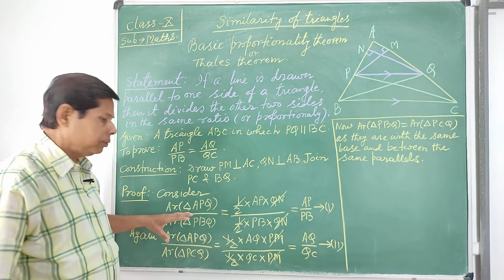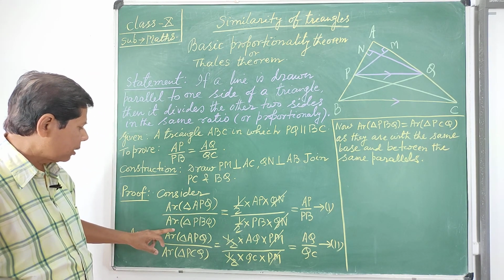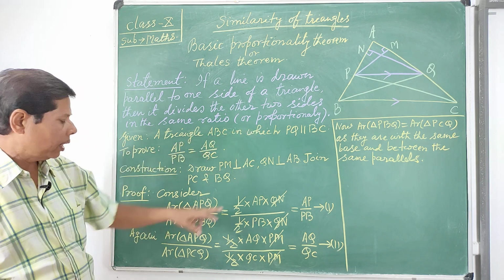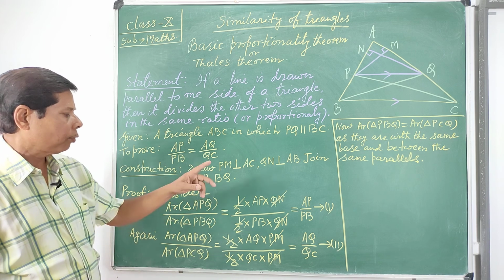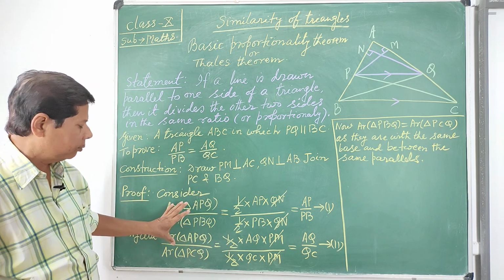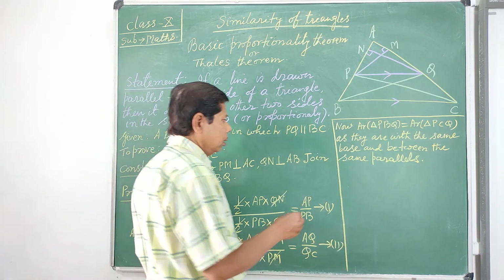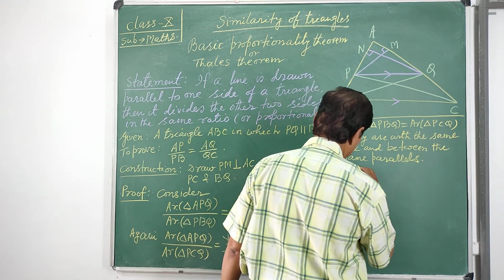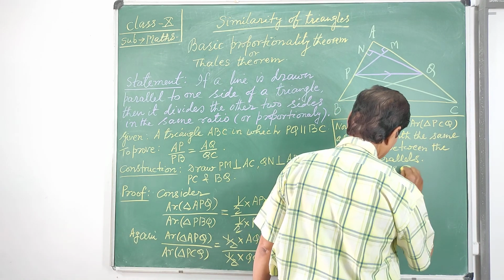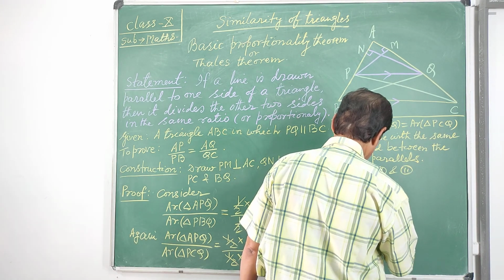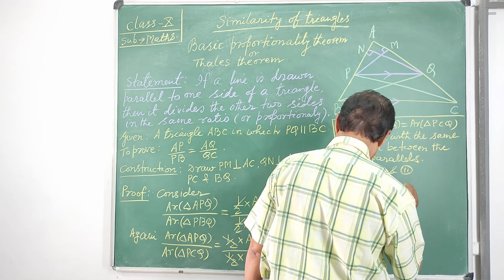Now if we see the left hand side of these two equations, the numerators are the same, and the denominators we have shown are equal in area, therefore the LHS of these two equations are the same. So from 1 and 2, if the LHS of these two are the same, the RHS will also be the same. Therefore, write: therefore from 1 and 2, AP by PB is equal to AQ by QC.